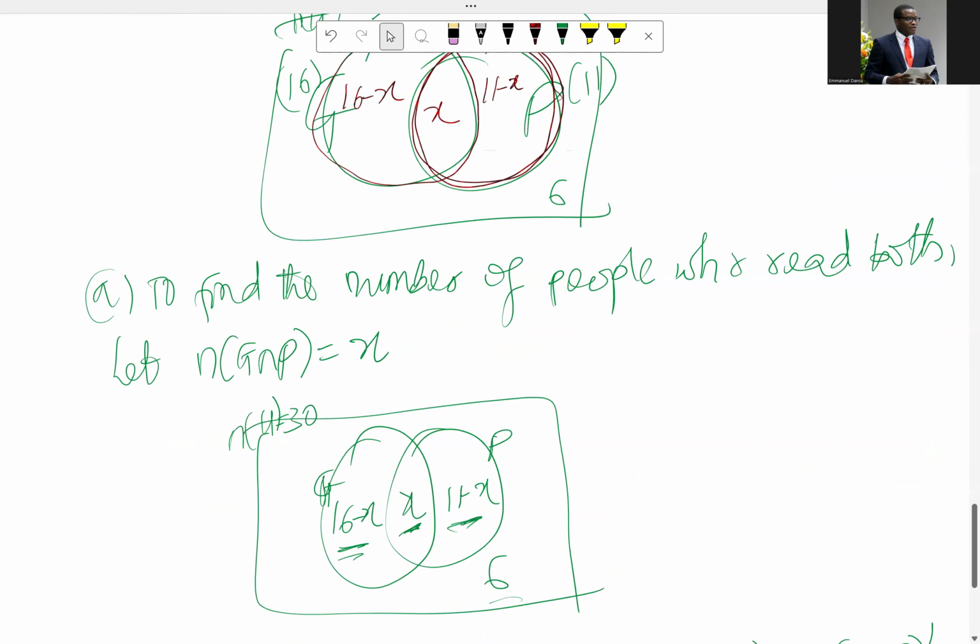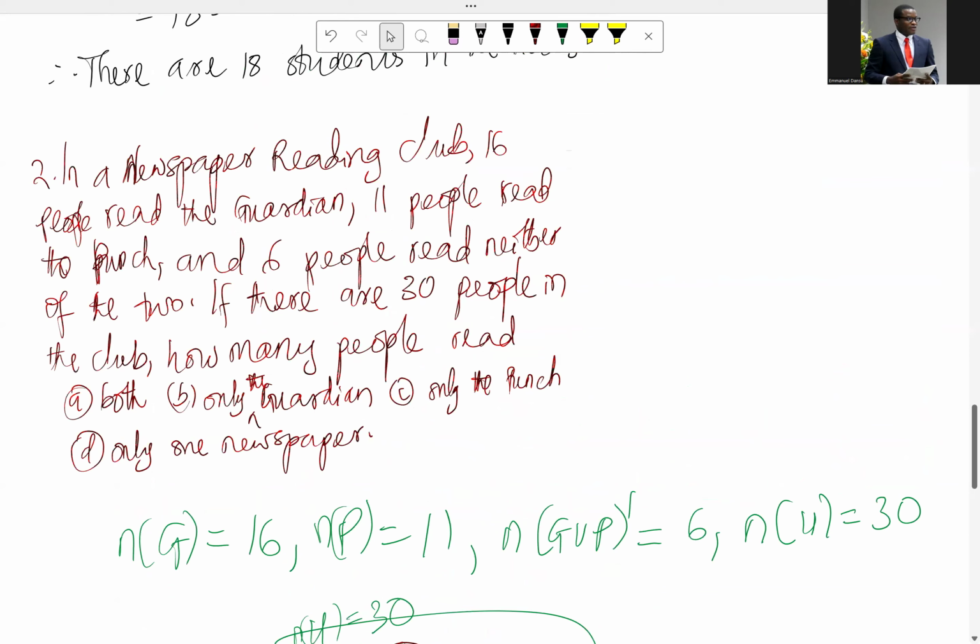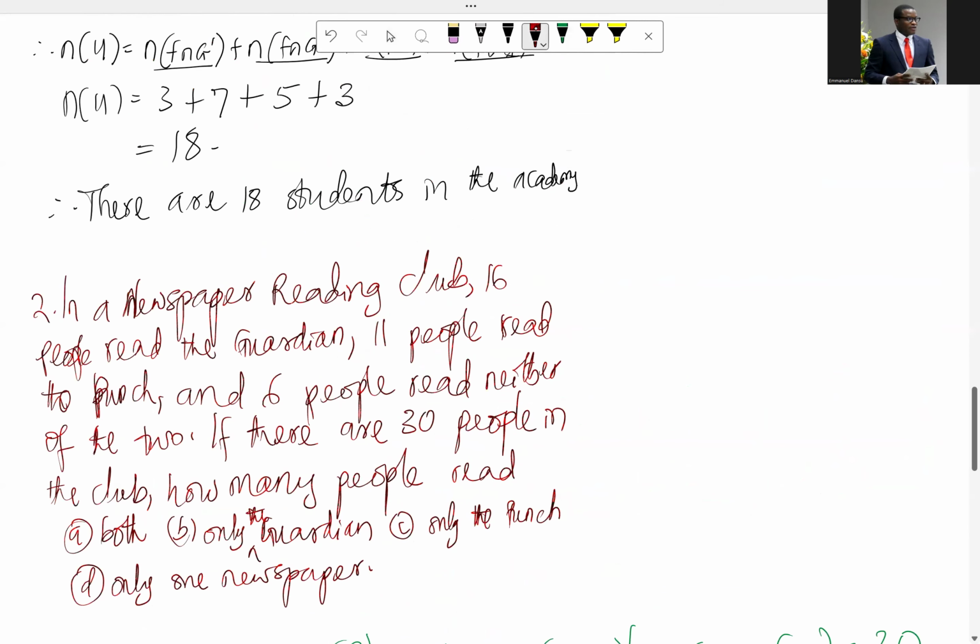I think there was a mistake. So 11 people, instead of 11 here, we have 13. Sorry, this is 13.